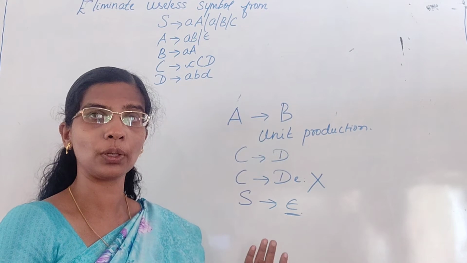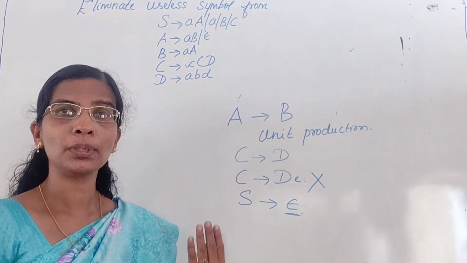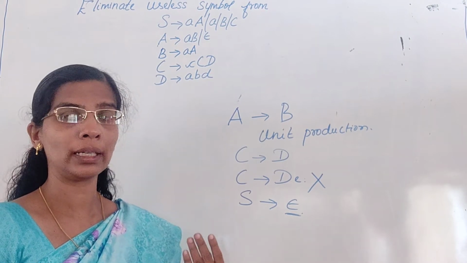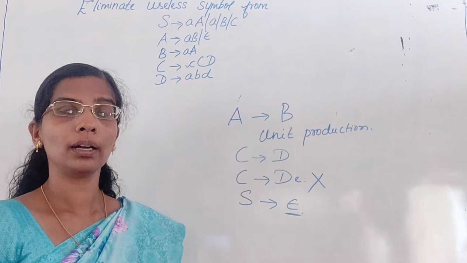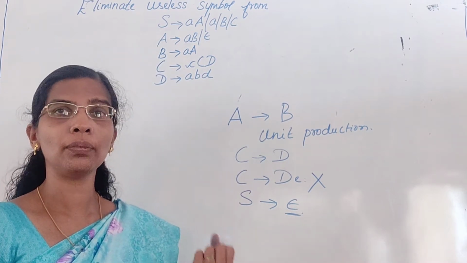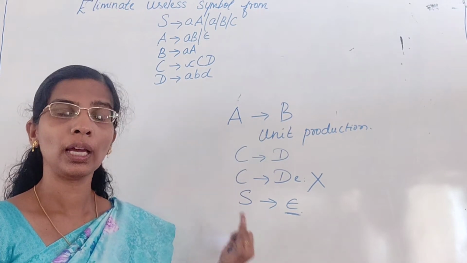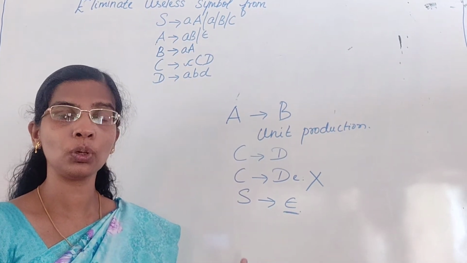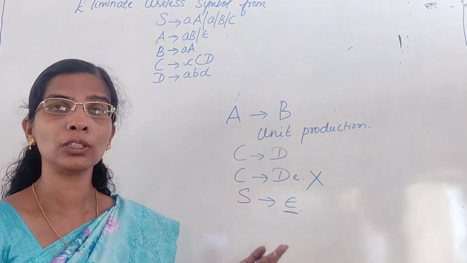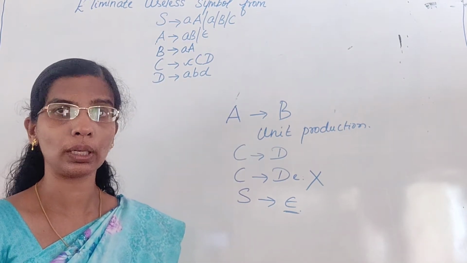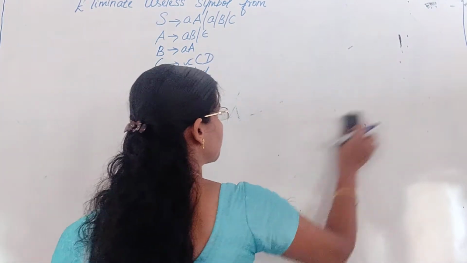Since in the previous video the grammar didn't have any epsilon or unit productions, we directly eliminated useless symbols. But here we have an epsilon production, so we have to eliminate epsilon productions. We have unit productions, so in step 2 we have to eliminate unit productions, and we eliminate useless symbols as step 3 only. So we will solve this example.